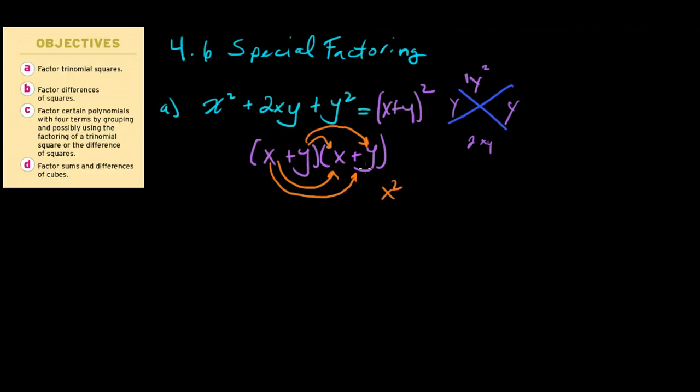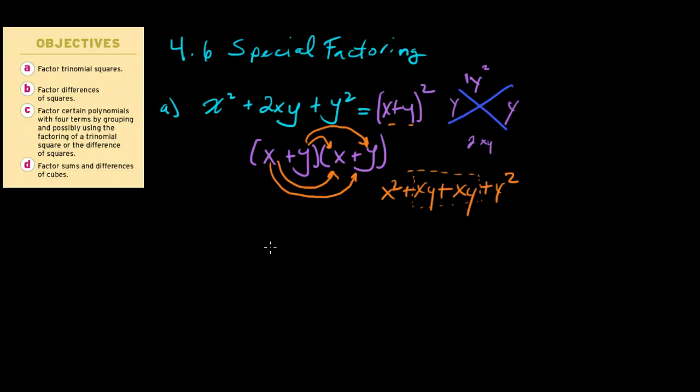My second term would be plus xy, and then I'd have another plus xy here, the second part of the crab claw, and then the last term would be y squared. Notice that these two terms here are exactly the same. It's just my x times my y, and then I double it. So the general form of a perfect square trinomial is x squared plus twice the two terms plus y squared.